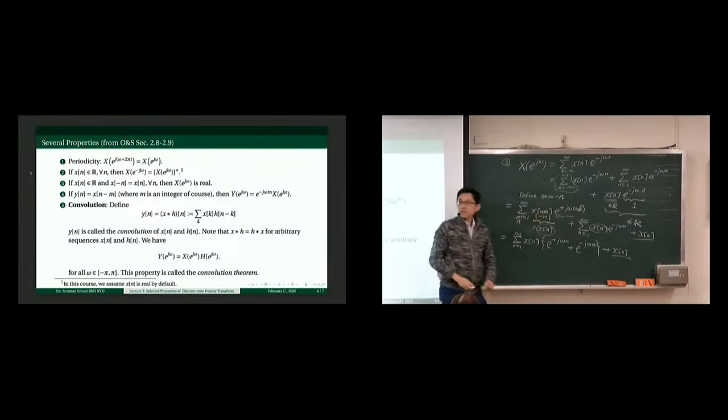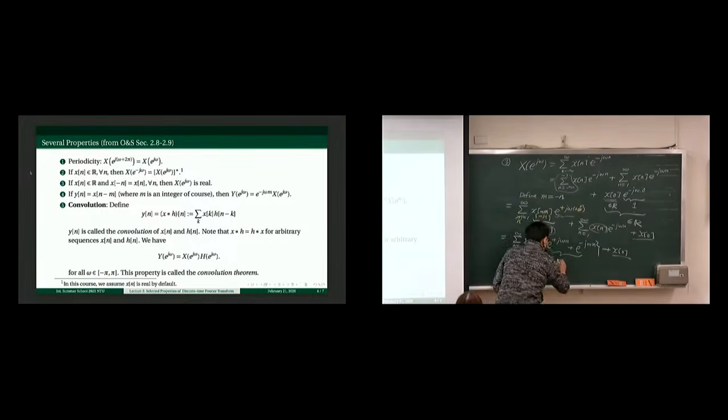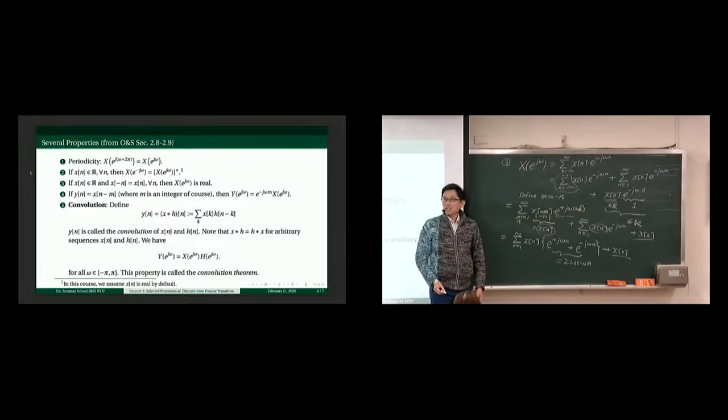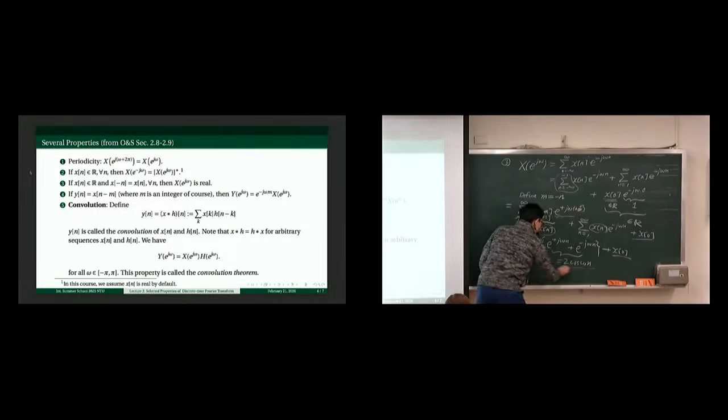Okay. So now what happens? Isn't this also real? Because combining these 2 terms, we know this is 2 cosine omega n, right? So now, finally, we're happy, okay? Our signal is assumed to be real. 2 cosine omega n is real.